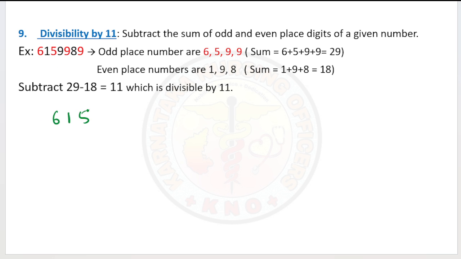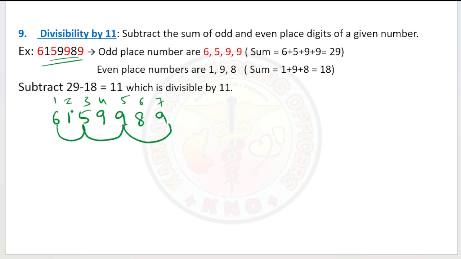Here 6159989. What are the odd places? 6, 5, 9, 9. Here 1, 2, 3, 4, 5, 6, 7 places. Totally 7 digits are there in this number, and we have to see the odd place digits.